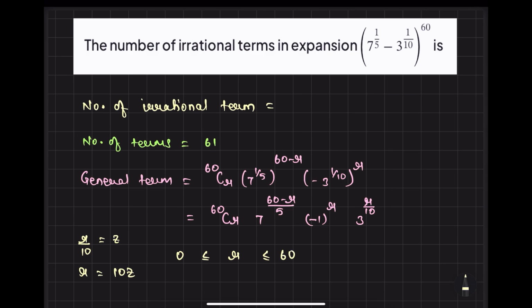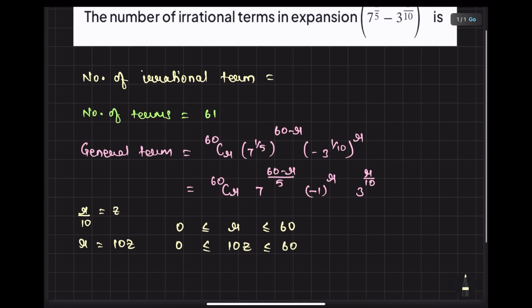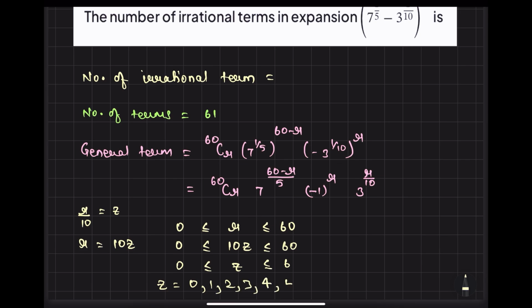But r is 10z, so it is 0. Now divide all sides by 10. So this is 0, this is z, this is 6. So we got z as 0, 1, 2, 3, 4, 5, 6.